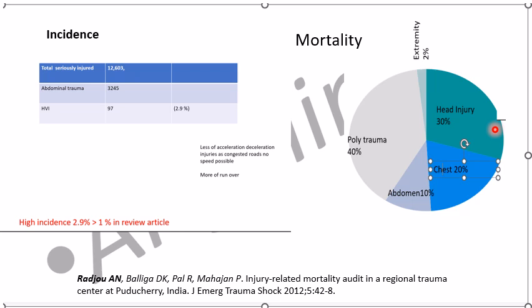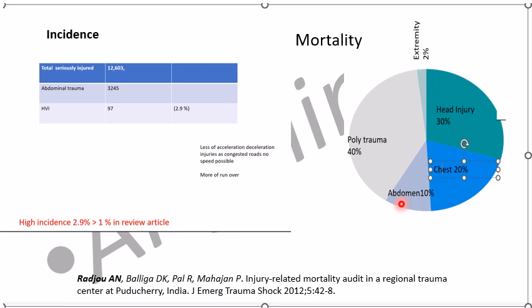Now this is our own study. We found that abdominal injuries were about 10%, and out of this, 2.9% were hollow viscus injury. When I say abdomen, it means the spleen, the liver, the kidneys and the retroperitoneum.